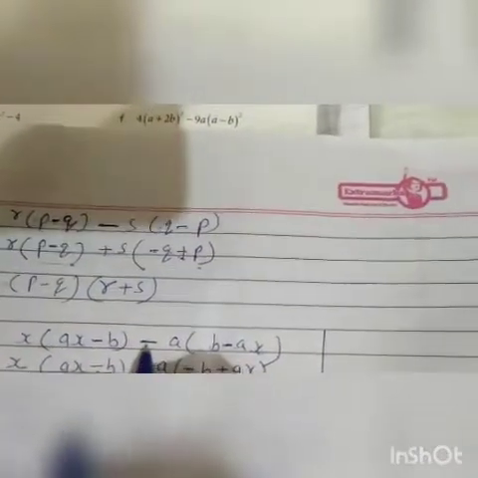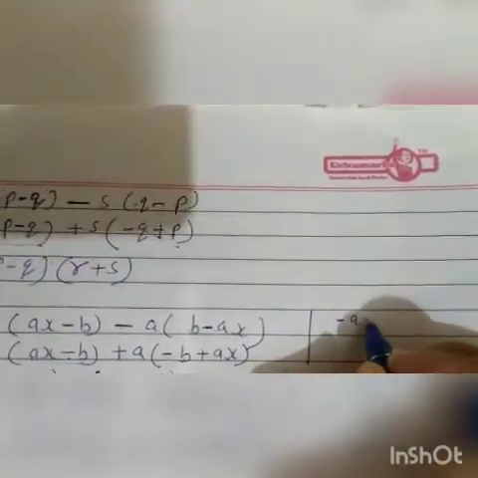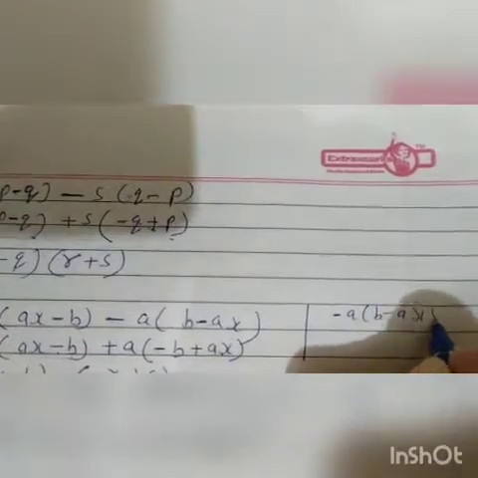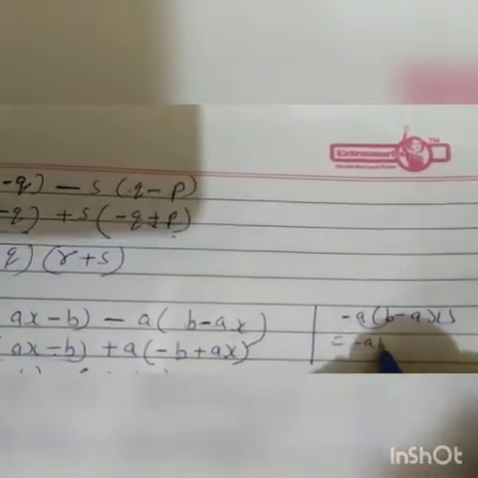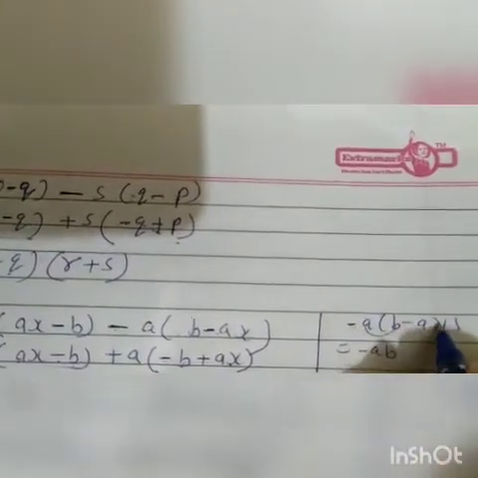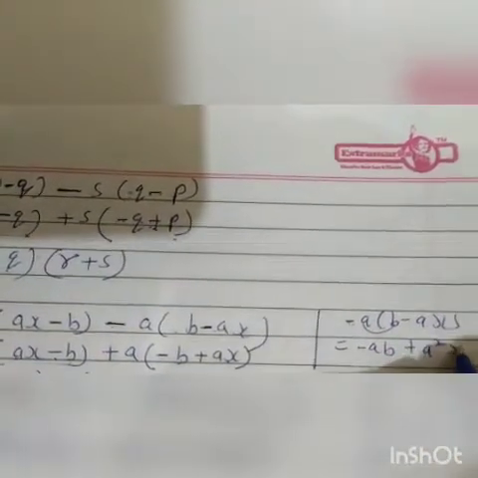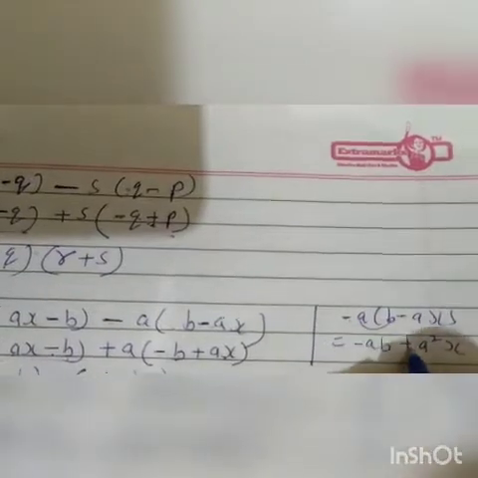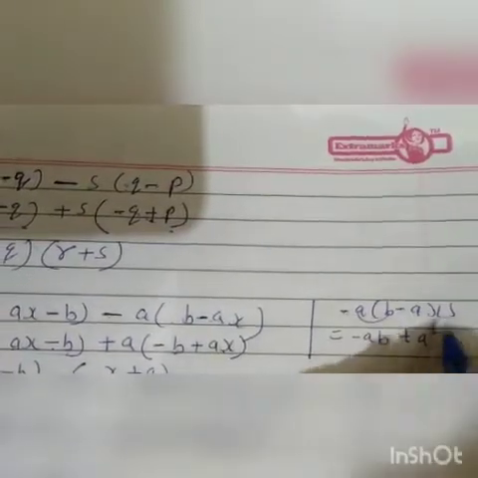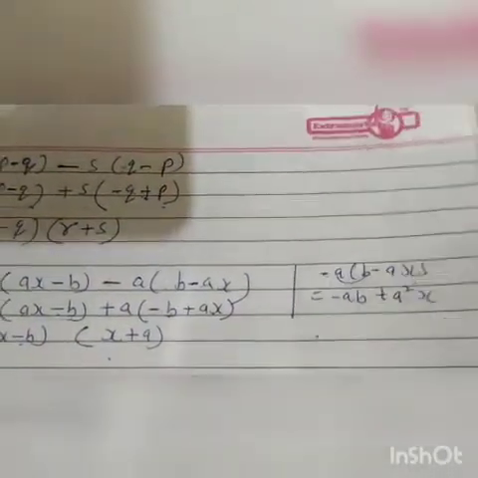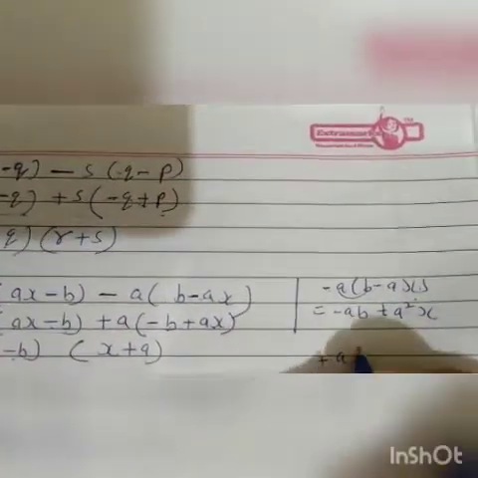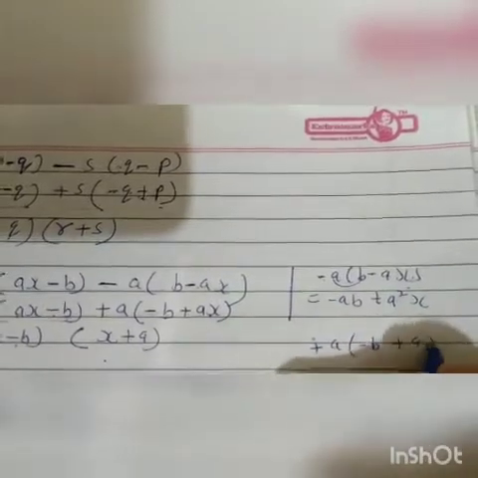You can check it. If we write minus A into (B minus AX), now multiply it. Minus A multiplied by B, it will be minus AB. Minus A multiplied by minus AX, it will be plus A square X. Now I have written this one as plus A into (minus B plus AX).